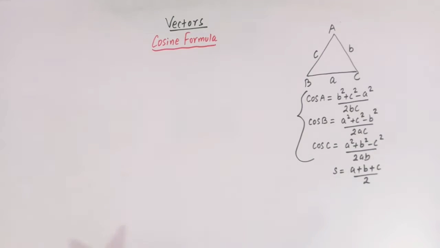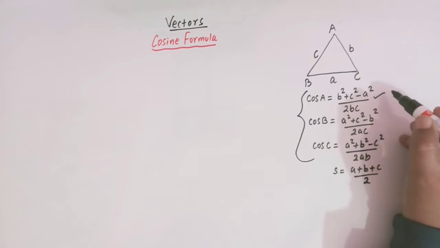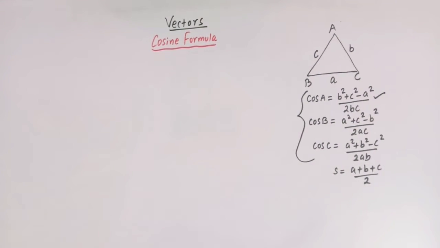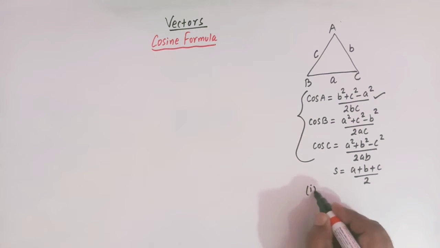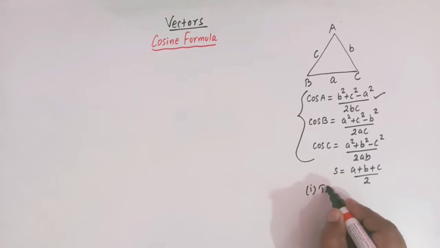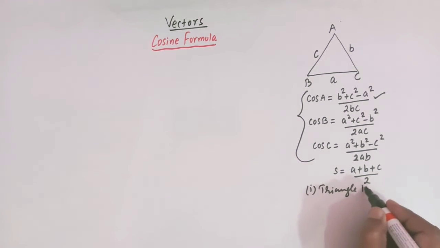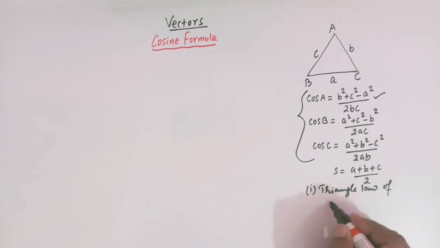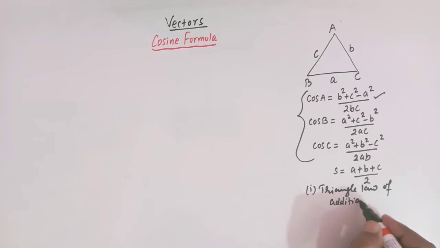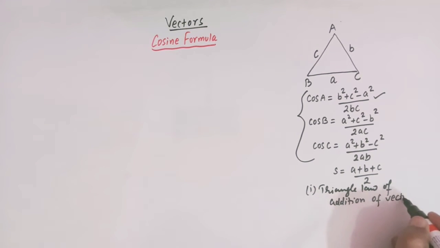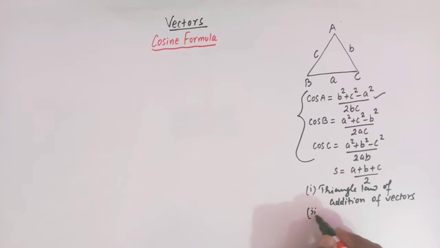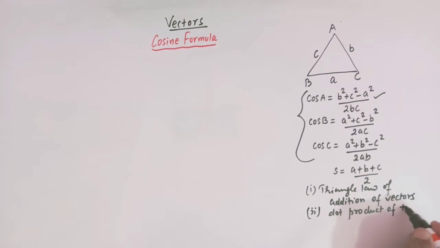Here we are going to derive these formulas using the concept of vectors. While applying vectors, we'll use three concepts. The first is the triangle law of addition of vectors. The second is the dot product of two vectors.